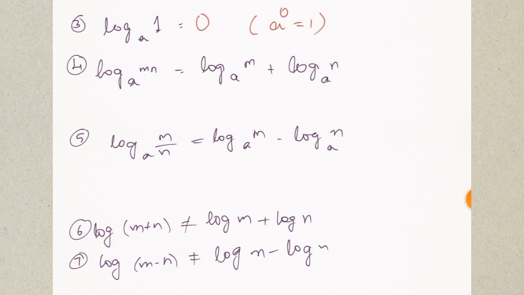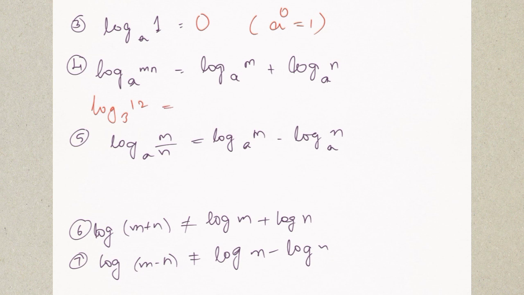Next we have some more properties. Fourth one: the logarithm of mn to the base a is equal to the logarithm of m to the base a plus the logarithm of n to the base a. Now where do we use all this? Suppose we have the logarithm of 12 to the base 3, and somebody asks you to simplify this.